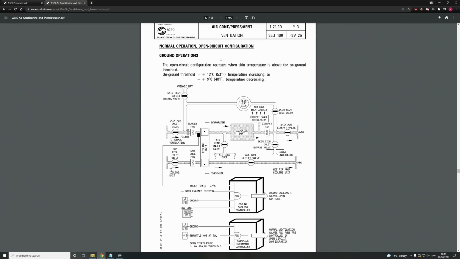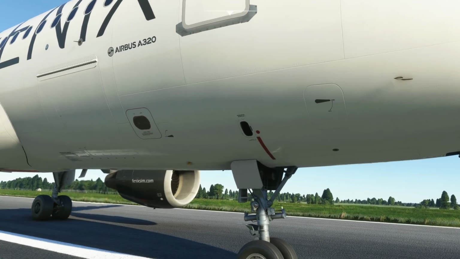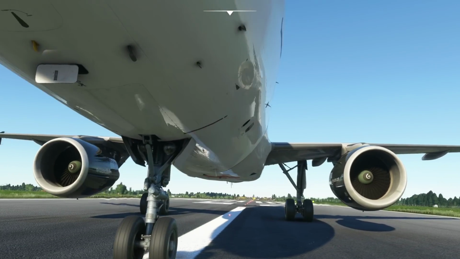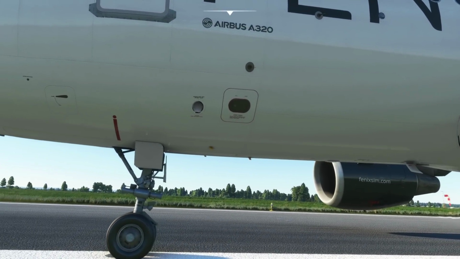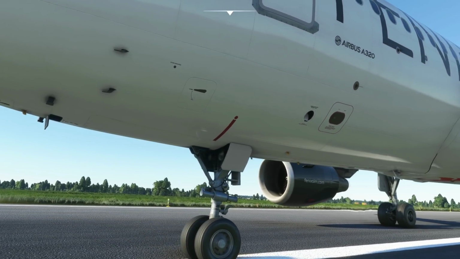So open circuit configuration when the skin temperature is above the on-ground threshold. So plus 12 degrees. So we've modeled all of these bits here, but I'm just going to show you the one, just because it's the only physical one that I can show you. So you can see this open circuit. So it's open on both sides, but there's some logic as to whether or not it's open or closed.